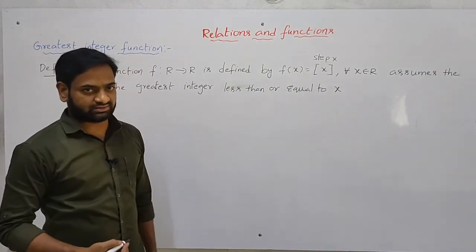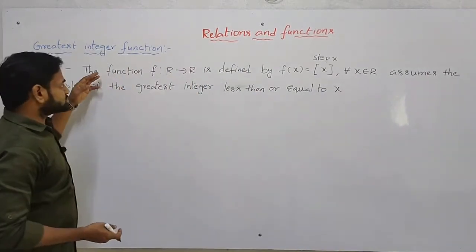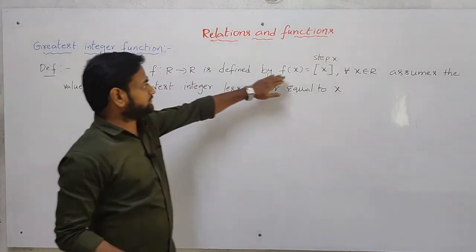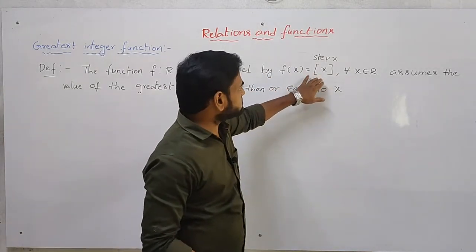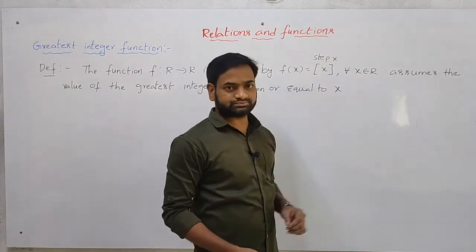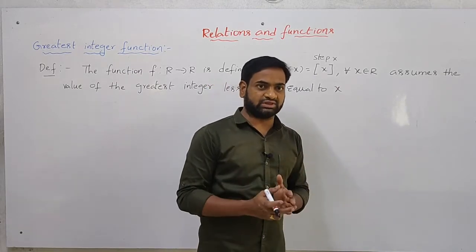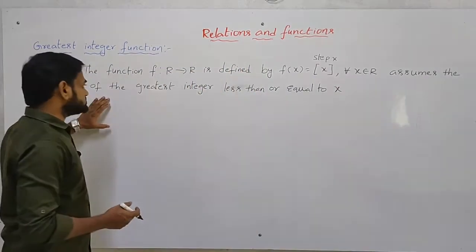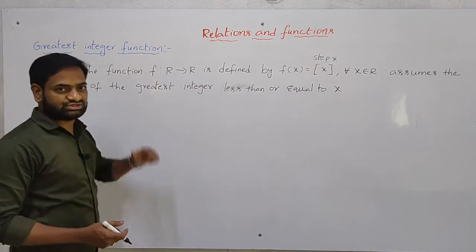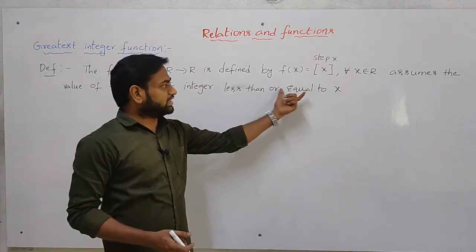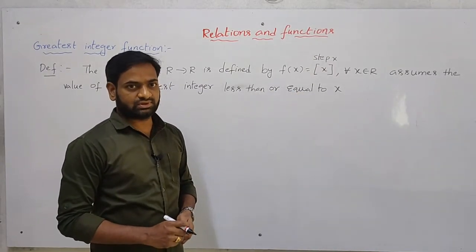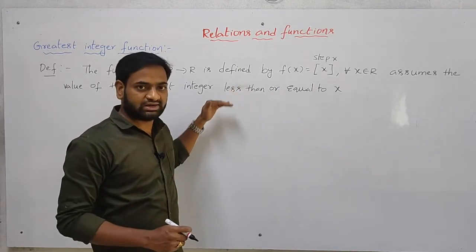Not just the greatest integer, only the greatest integer less than or equal to x. So the function f from R to R is defined by f of x equal to step x for all x belongs to R. The meaning of that is the greatest integer less than or equal to x. So it is the definition. I will explain clearly.